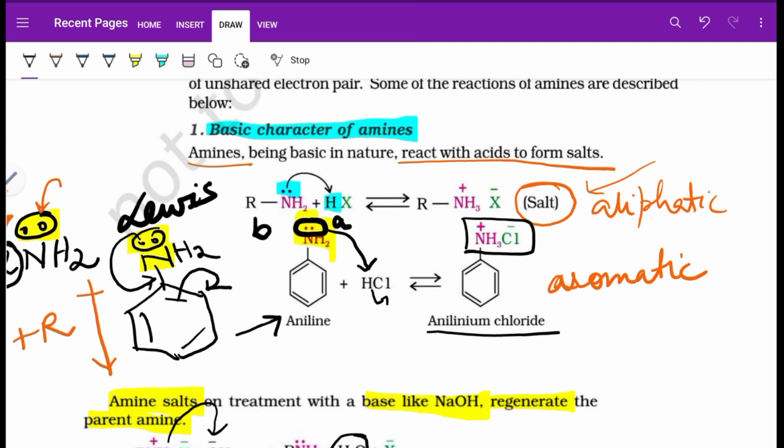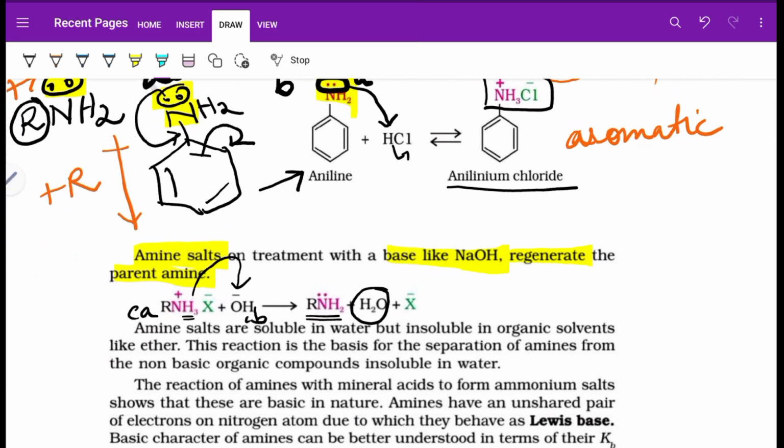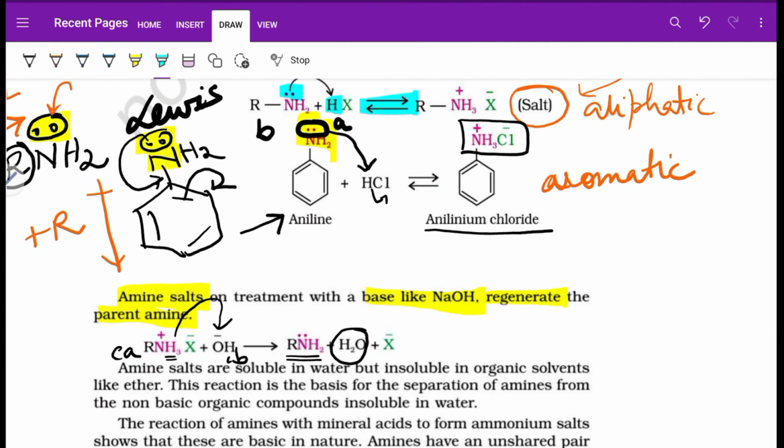Why regenerated? Because the reaction of RNH2 with HX gives you the salt, which is RNH3 plus and X minus, and hence this reaction was a reversible reaction. You can reverse the reaction, that is, you can obtain the starting RNH2 by treating it with a base like NaOH.